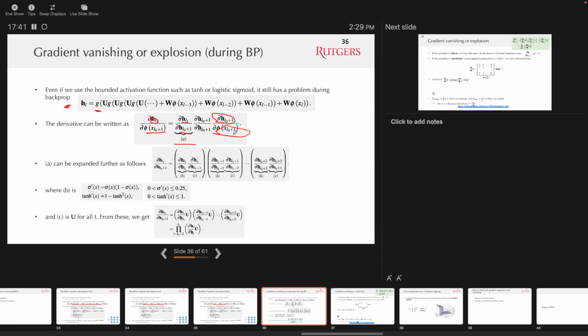These two terms are simple, even if you have 100 of them. What's the most important part is what's here, because this is potentially going to be the product of many terms. What's most risky is when you're computing this first term, you're going to run into issues of gradient vanishing or gradient explosion.